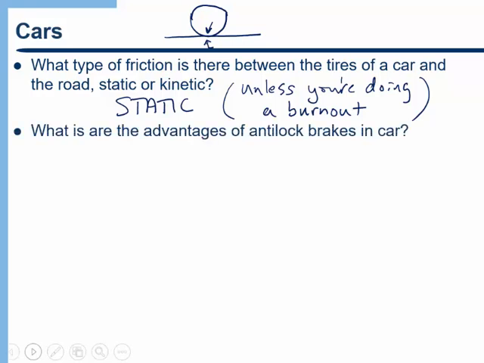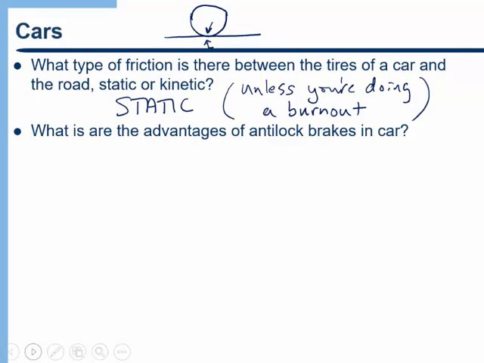Let's talk about anti-lock brakes in a car. For those of you who are not familiar with what anti-lock brakes are, if your car is equipped with anti-lock brakes, it means that no matter how hard you push the brake pedal, your tires will not start sliding. You won't skid with anti-lock brakes.